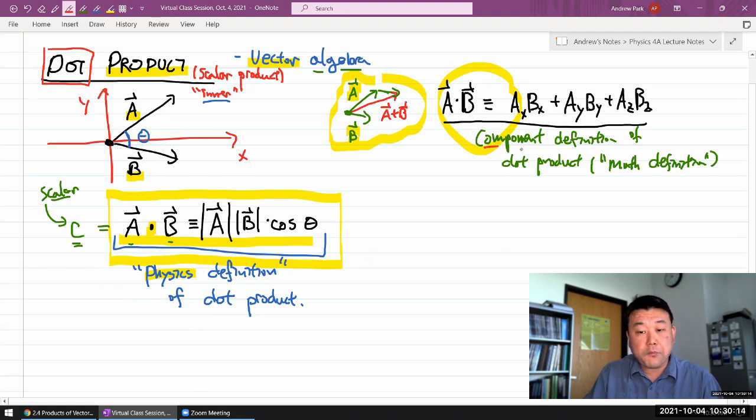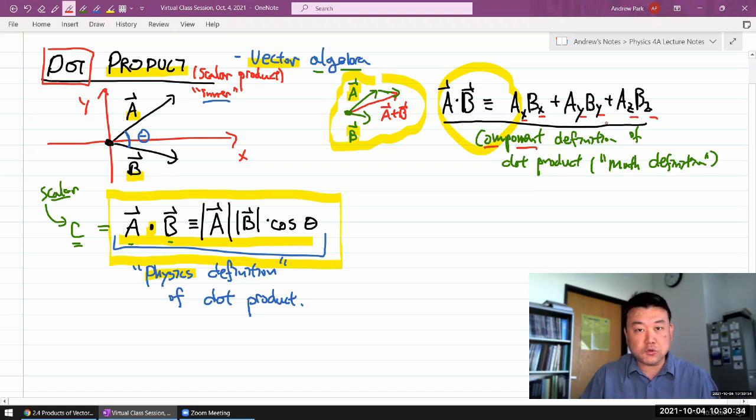When you look at the component definition, well, the word component already implies that you have found some axis or some basis that you are going to break down your vectors into. So even writing down these components implies that you have defined an axis.